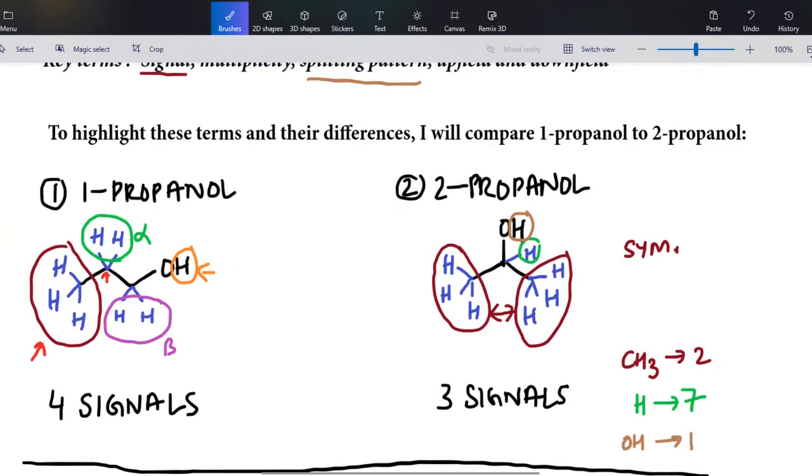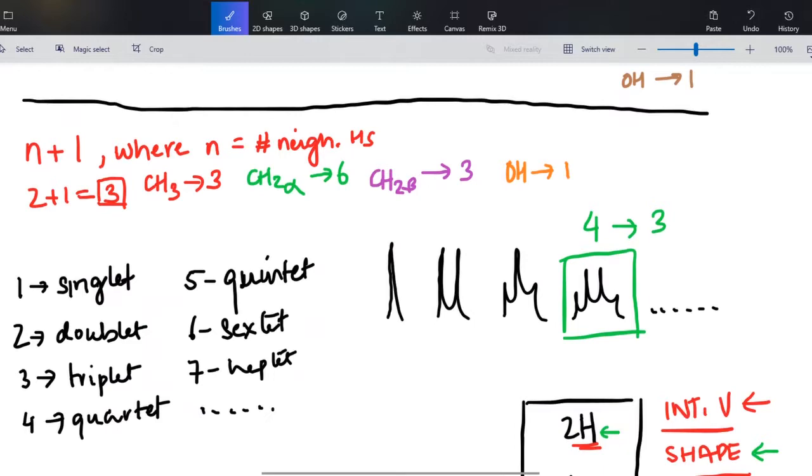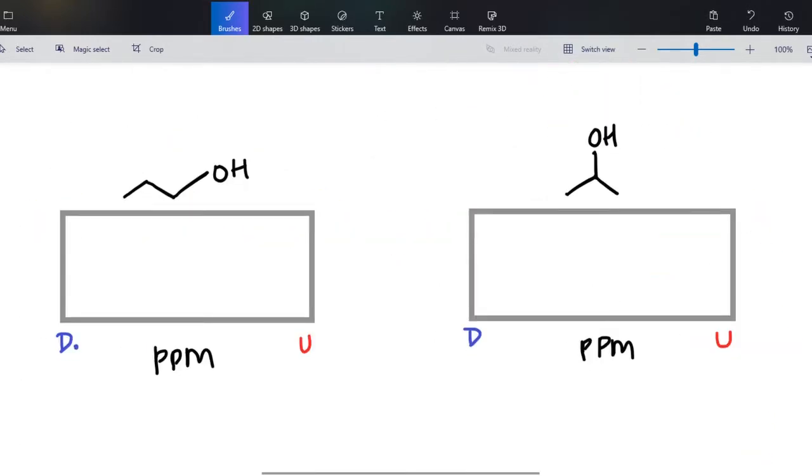And finally, how would I put this all together in terms of an NMR peak? Well, here I can see that I've got a triplet, right, produced from this peak. I've got a sextet, so bear with me as I draw this out very oddly.